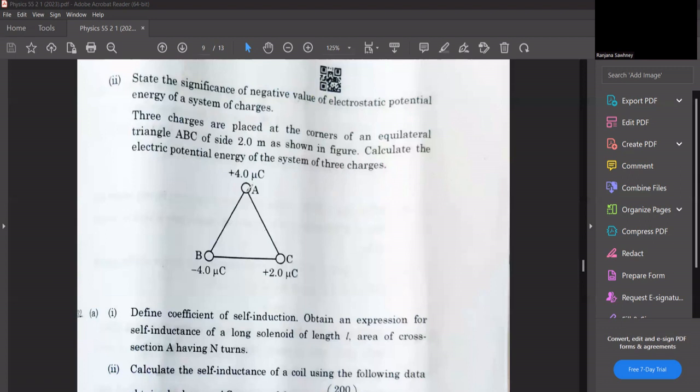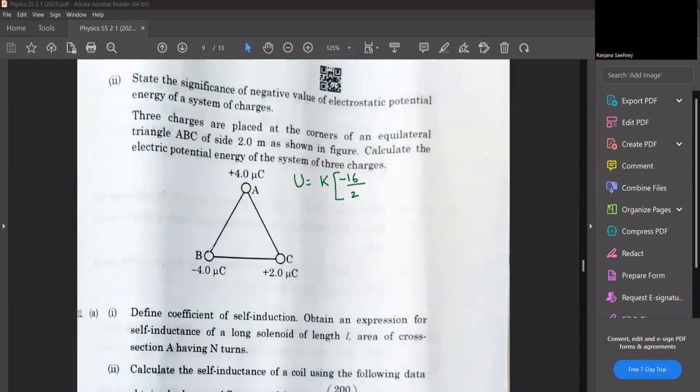Now there's one numerical. Three charges at the vertices of an equilateral triangle. The potential energy we know is equal to K Q1 Q2 upon R. Between these two charges, the potential energy will be K into 4 into minus 4, minus 16, upon R. R here is 2 meter.